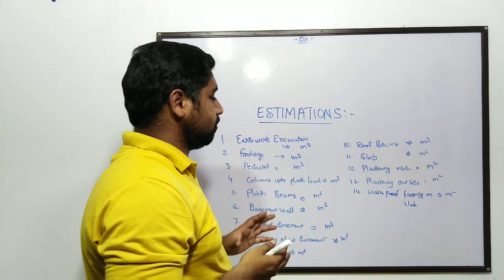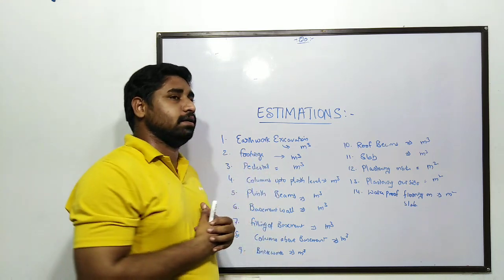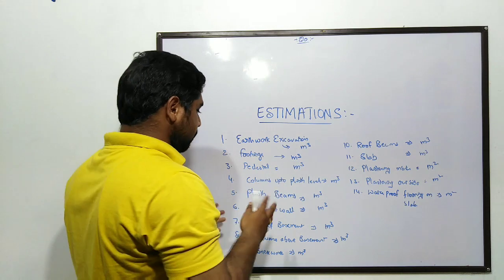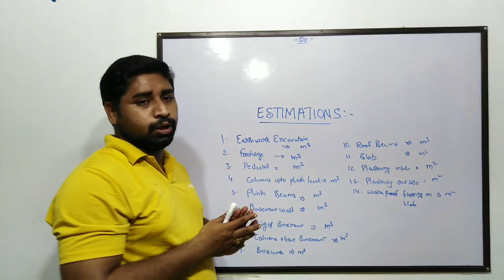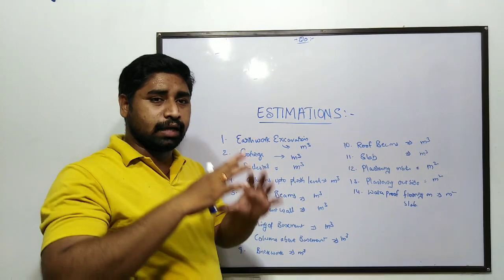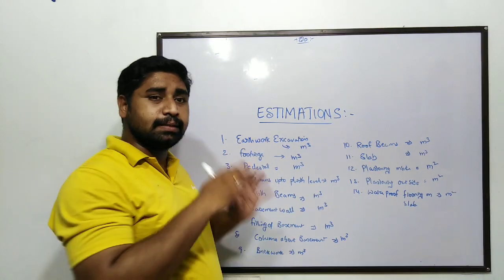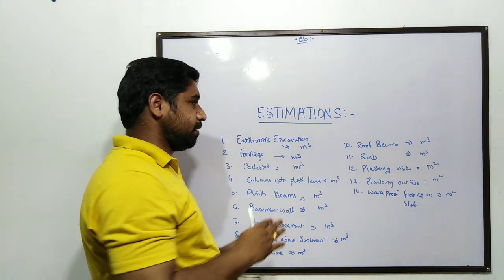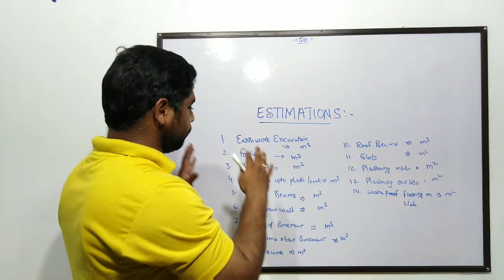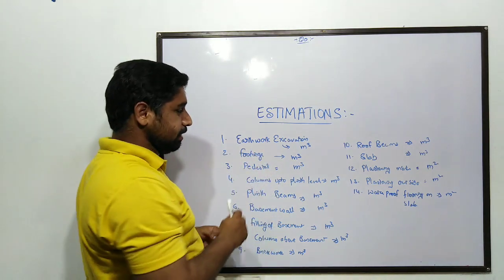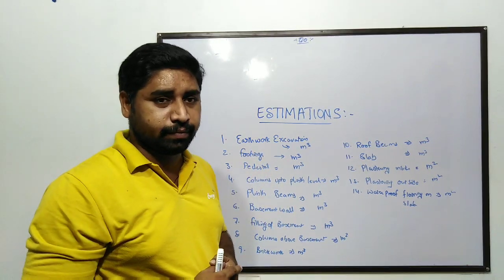Similarly, there will be some deductions also, so that we will see later. First of all, we will see how to quantify the things and calculate the quantities for all these items in a simple manner. Here I am taking a simple plan and I am going to show you how to calculate this for all these items.